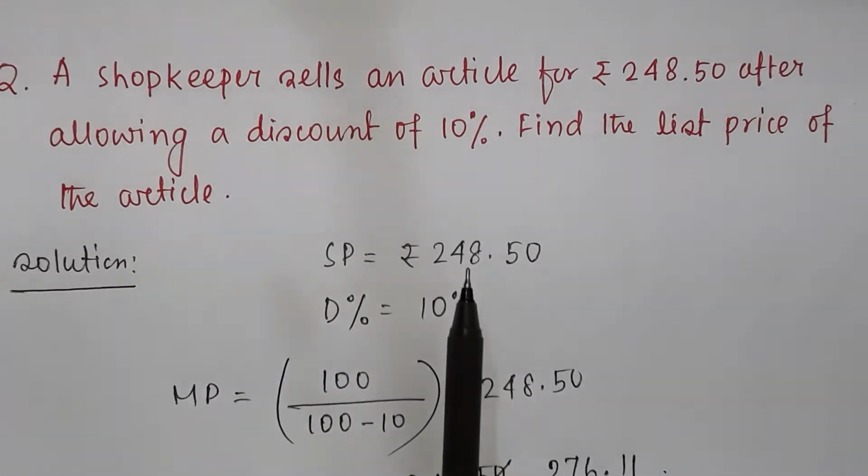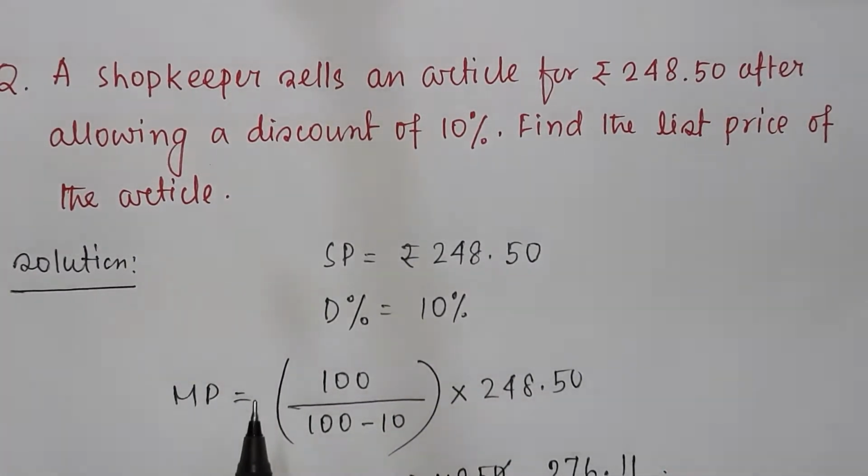Selling price is given here and the discount percentage is given here. So I am going to use the formula. The formula is 100 by (100 minus D), that is 100 minus 10, because here D is given as 10, into SP, that is 248.50.